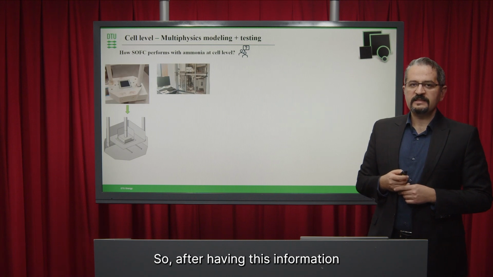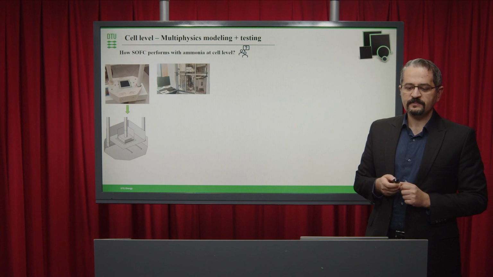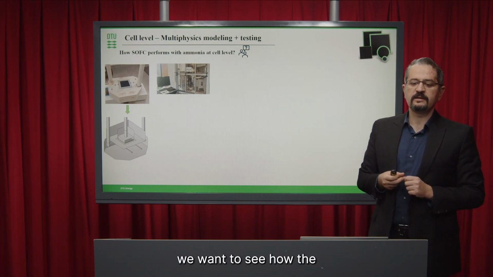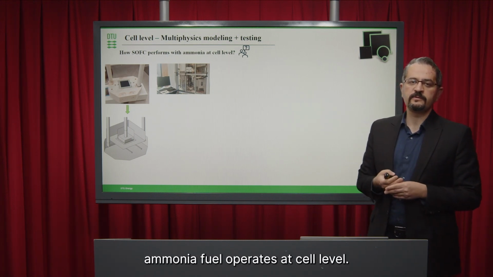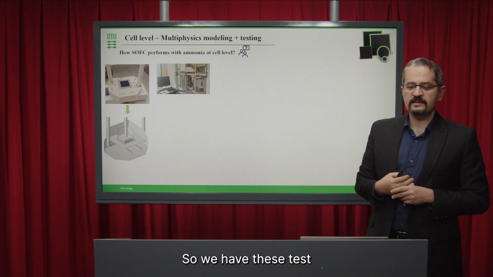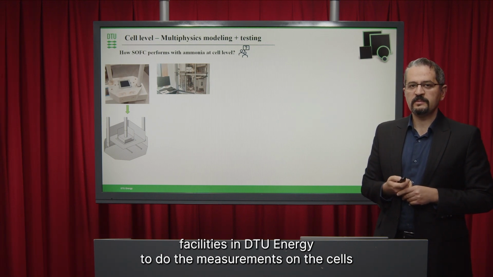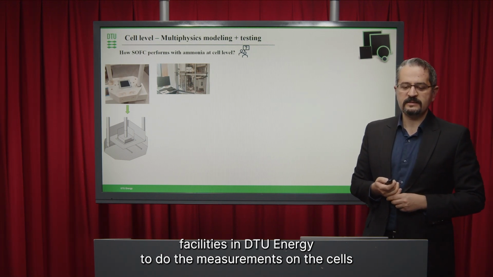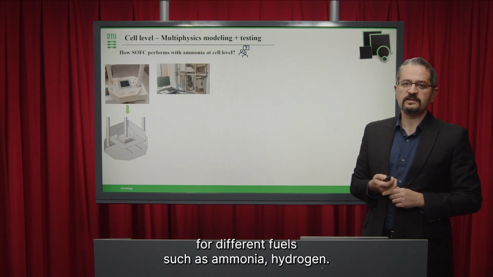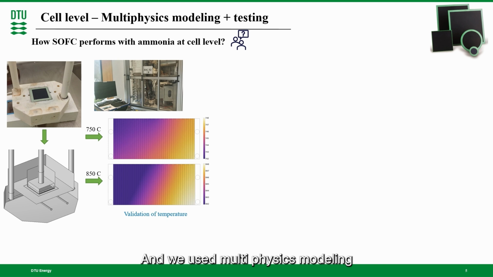After having this information about the material level, we want to see how ammonia fuel operates at cell level. We have these test facilities in DTU Energy to do measurements on the cells for different fuels such as ammonia and hydrogen, and we use multiphysics modeling for this kind of cell.